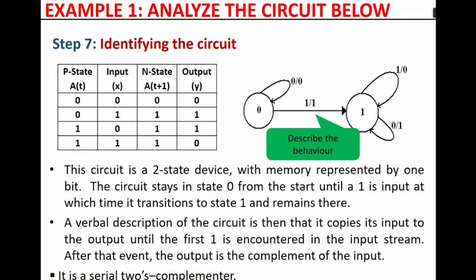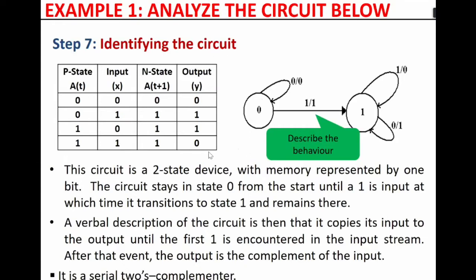The procedure never changes. It remains the same. You identify the circuit, you derive the excitation equation and input equation, then derive the state equation, and then from the equations you derive the output table and the next state table.